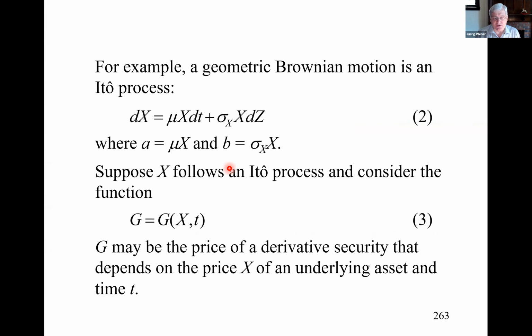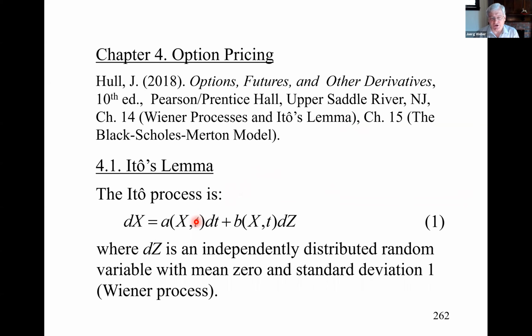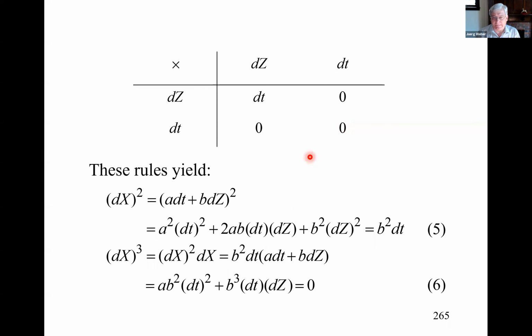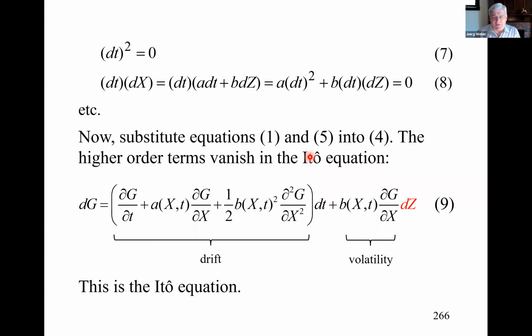For the dx, you take this here from equation 1. So substitute in here for the dx, substitute here for the dx squared. And then rearrange, and you will get this here. It's direct algebra. It's very easy to do. And you get the Ito equation.